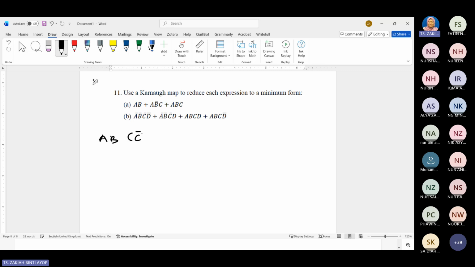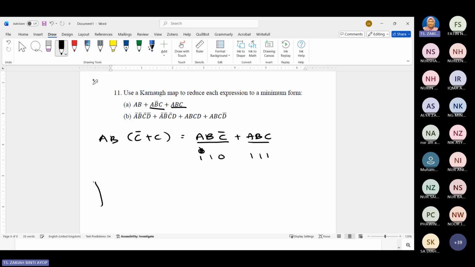Can be C bar plus C, which means A, B, C bar plus A, B, C. Now you have this expression, including A, B bar C plus A, B, C. Convert it to binary numbers. So this should be 110. This should be 111, and then you can convert it into a Karnaugh map.